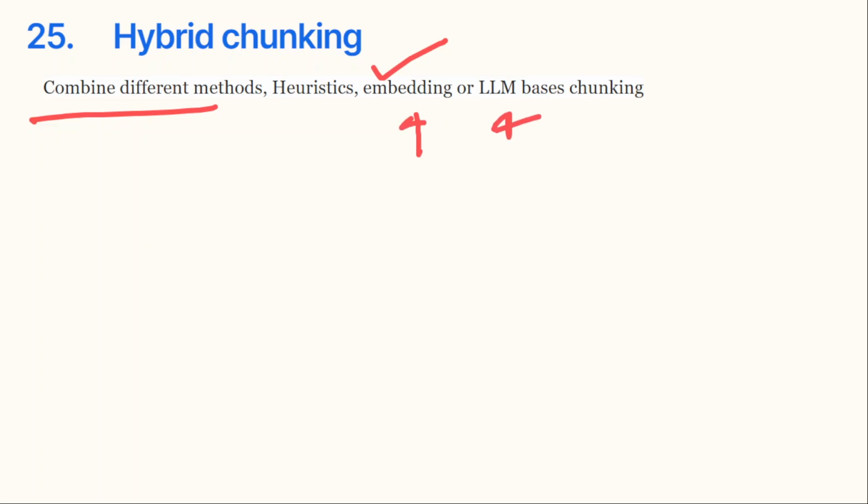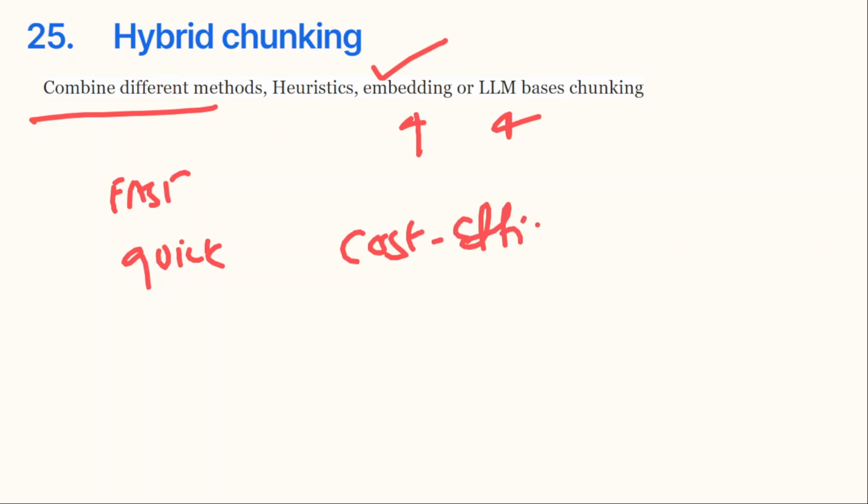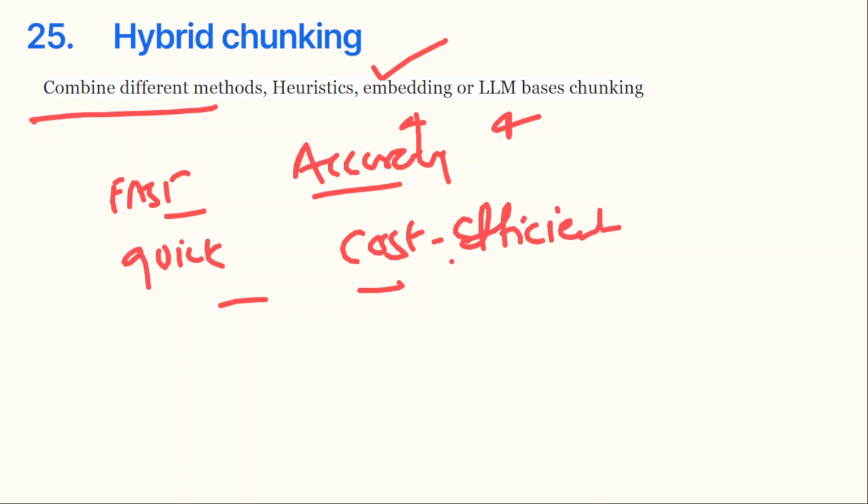So analyze your use case, start with something simple, then move to something complex, and see which one works well. Works well may not always be the expectation. You want it fast, quick and cost efficient, so you have to consider all these parameters and the accuracy. Work on these metrics, and accordingly select which chunking works well.